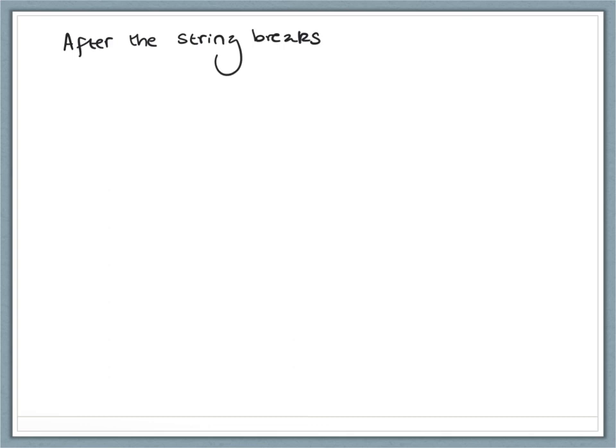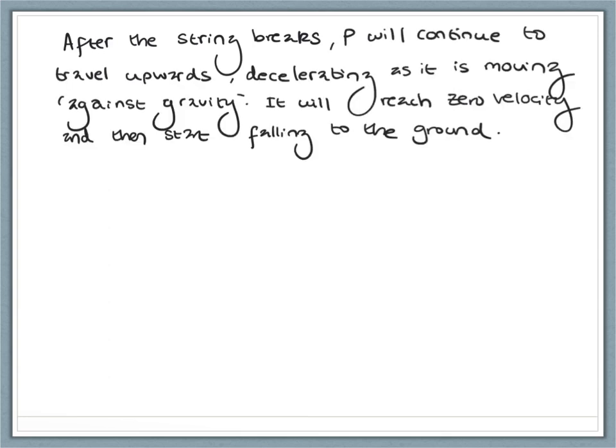So at the point at which the string breaks, P is travelling upwards with the velocity that we have just calculated, 1.63 recurring meters per second. It's travelling under gravity, so this is vertical motion under gravity. So its acceleration is the acceleration due to gravity, and it will be decelerating upwards towards a zero velocity, at which point it will start moving downwards again.